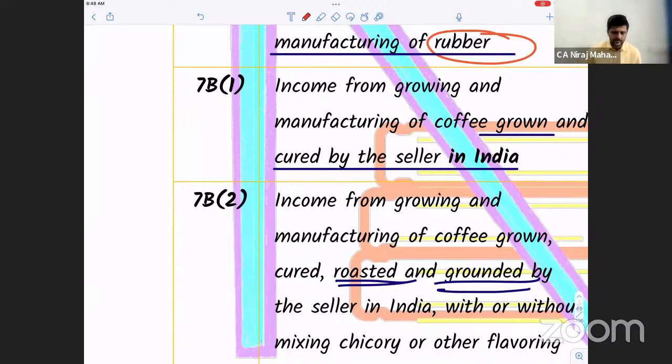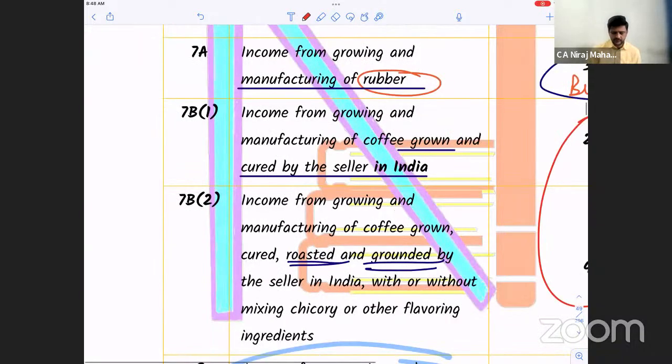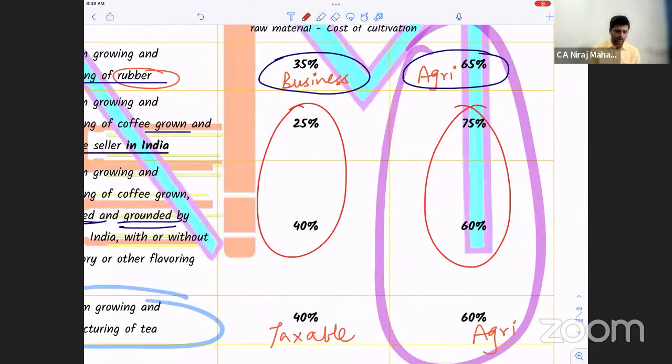So the more processing you do, the more business activity. Be simple. Rather, I also use the term more far away from raw, more far away from natural. Therefore, the agri is getting reduced. You can keep this common sense in mind for understanding where the rate will be higher or lower. Clear till here?